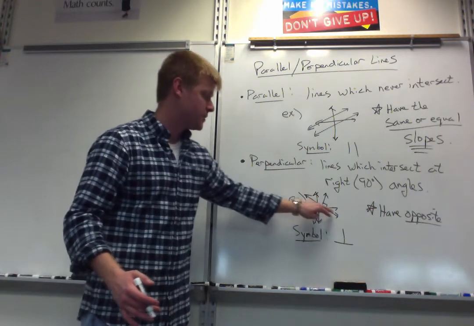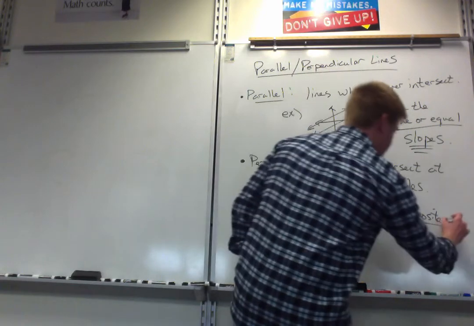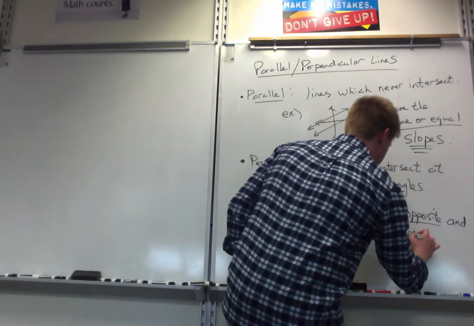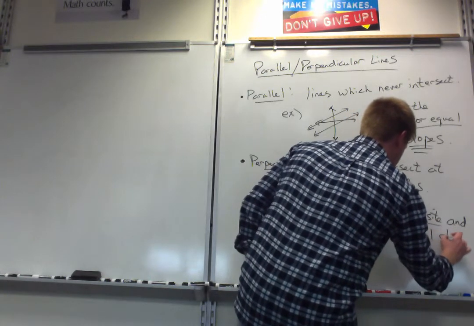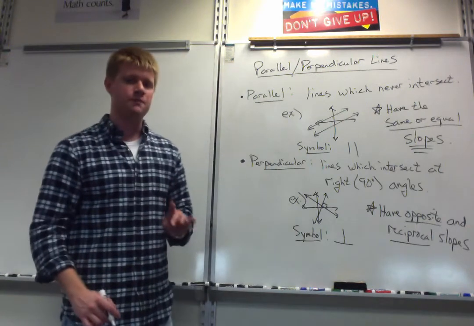This one has a negative slope. This one here has a positive slope. So they have opposite sign slopes and reciprocal. And those two things must be true.